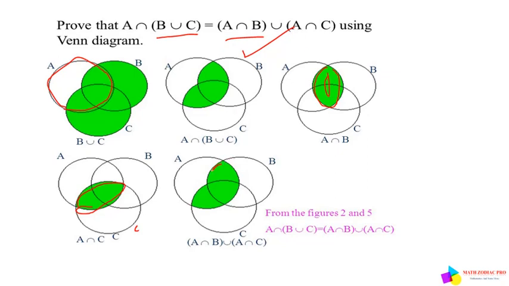Okay, this is the part we get. So A intersection B union C is equal to A intersection B union A intersection C. Okay, so this is okay.